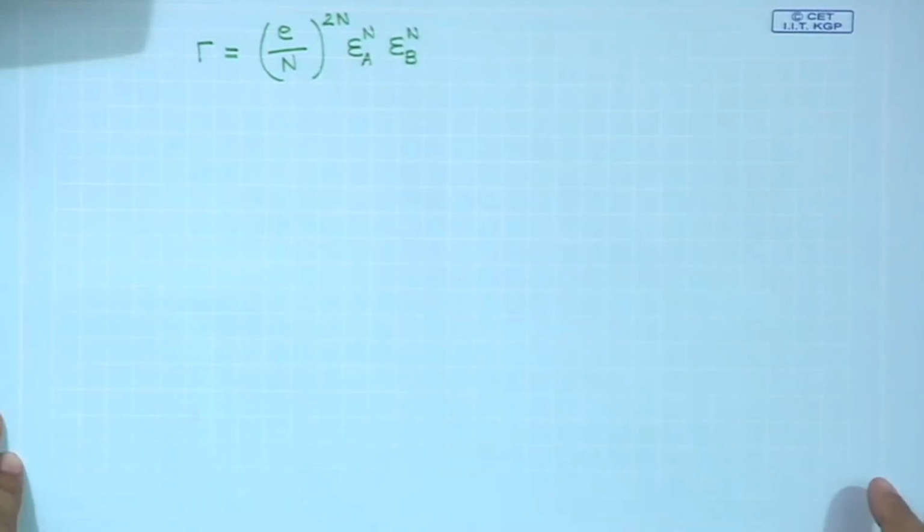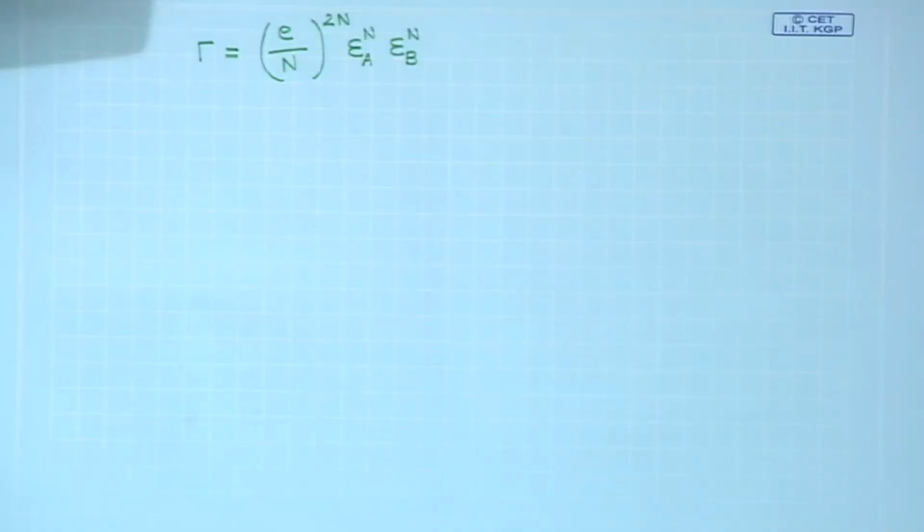So, if that is so, in that case I can try and find out, for very large values of capital N and epsilon, where this peak in the probability corresponding to the different macro states, the different values of epsilon A, will appear.